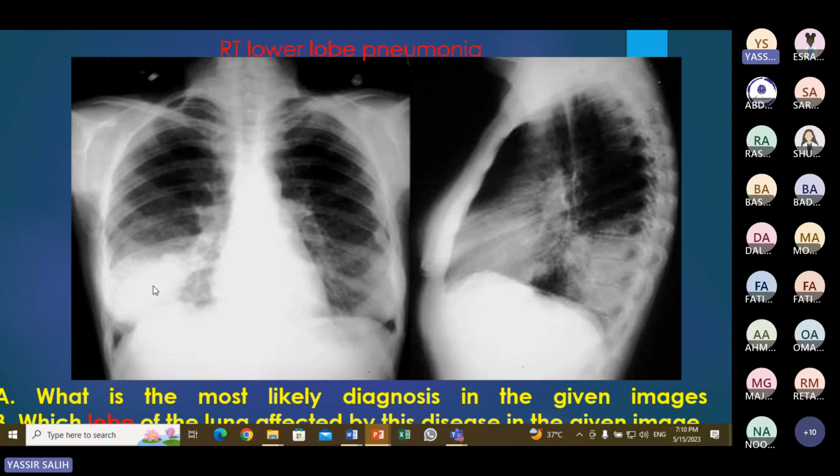When a pathology, such as a tumor or consolidation, obliterates or causes unsharpness of the right hemidiaphragm, this is most likely involving the right lower lobe. So when the diaphragm is not clearly seen on the right side, it means you have a right lower lobe pathology.